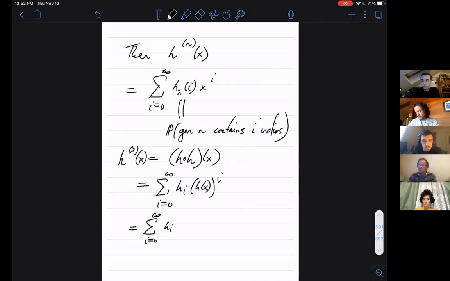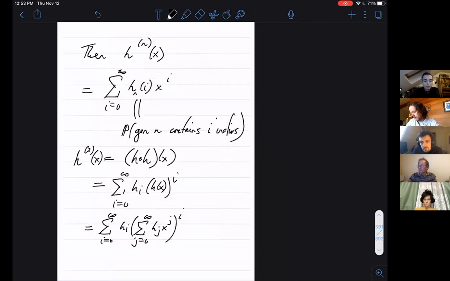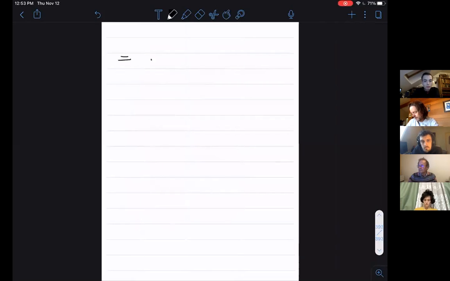Let me introduce a variable j in order to do so. We've got these kinds of expressions. So now I want to expand out and gather terms to try to identify what the coefficient of x to the j is. I need quite a big line for this, so I'll go onto a new screen. I'm gathering terms basically.